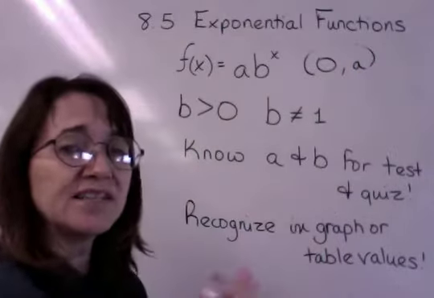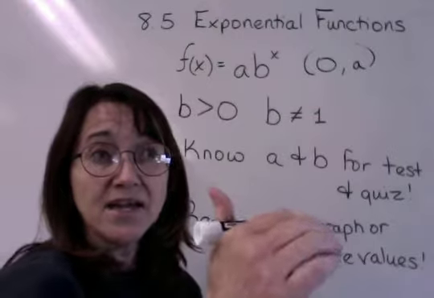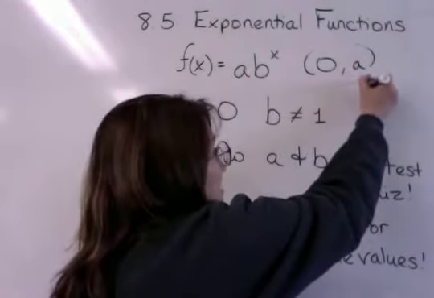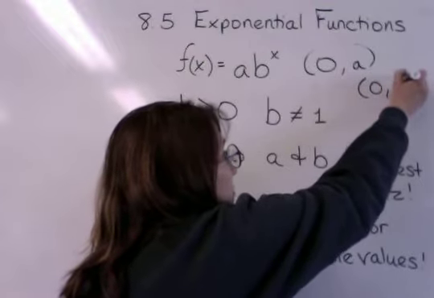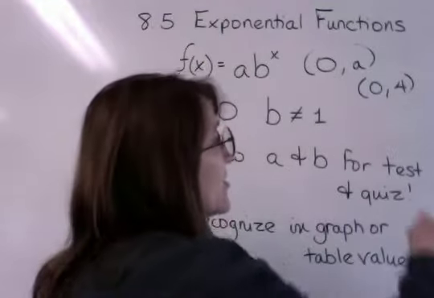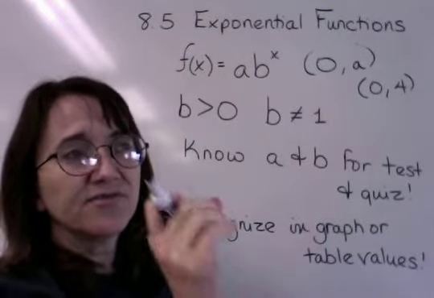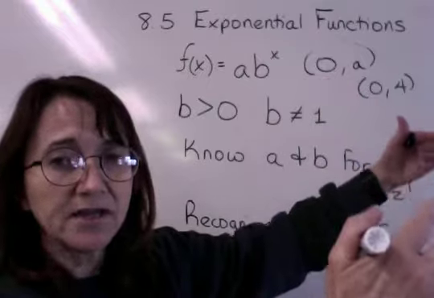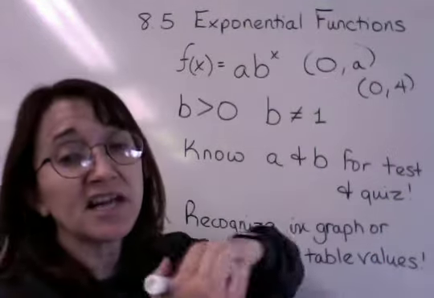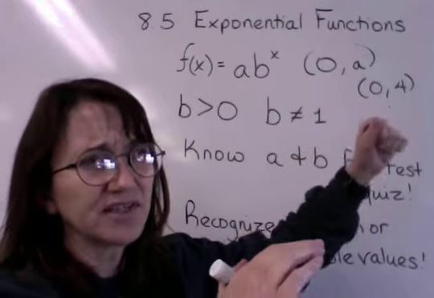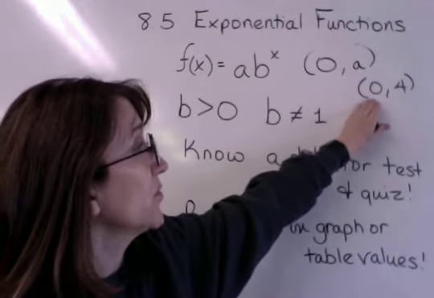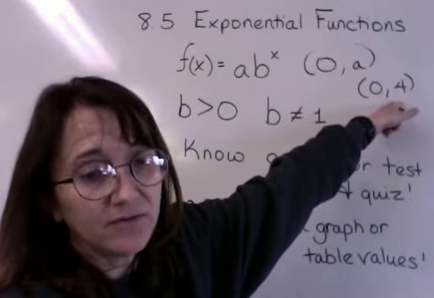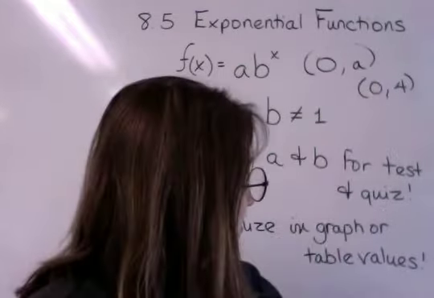So when a test question tells you this is an exponential graph, and asks what a is when it crosses at (0, 4), or it could be (0, 5), that's your a. When they tell you it's going to cross at this point, you need to focus on the fact that if x is 0, then that y is my a. That's a test question they ask you.